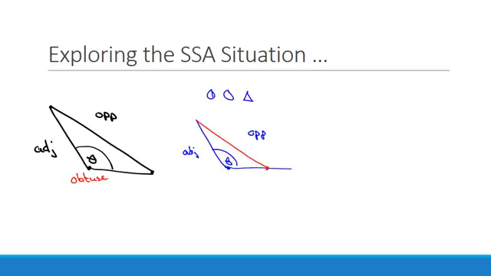I'm going to draw it a little bit short. If it's not long enough, it might only get to, say, there, and it's obviously not going to touch the bottom anymore. So it'd just be kind of a broken triangle.